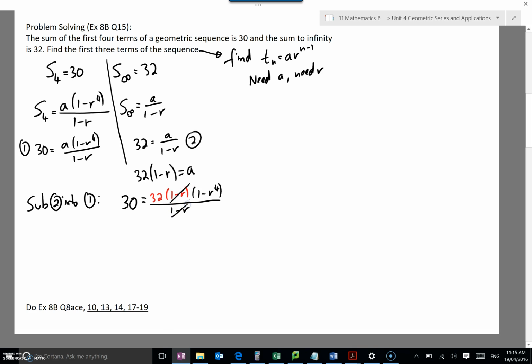I can cancel, cancel, because they're all multiplied by each other. Then go ahead and solve. So you have a go at solving it by yourself and see how you go.